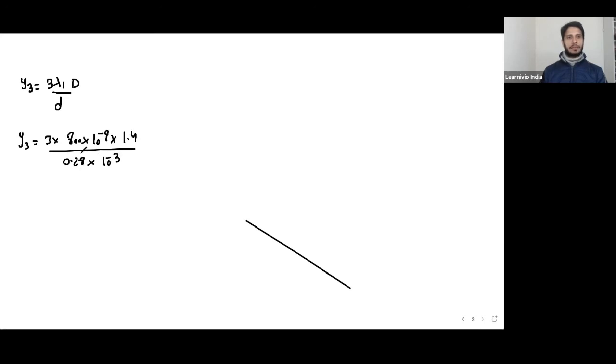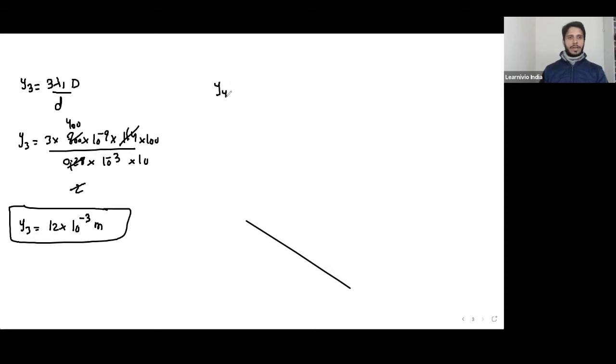If I cancel this, the 14 will cancel this 2. This is 400. So your y3 will come out to be 12 into 10 raised to the power minus 3.